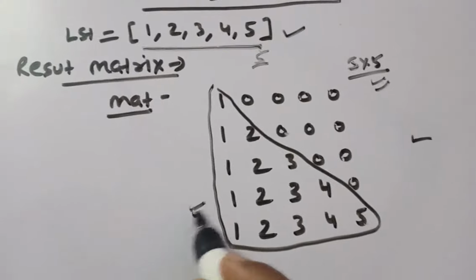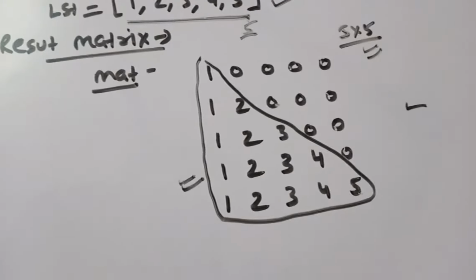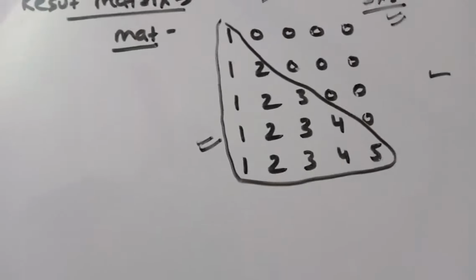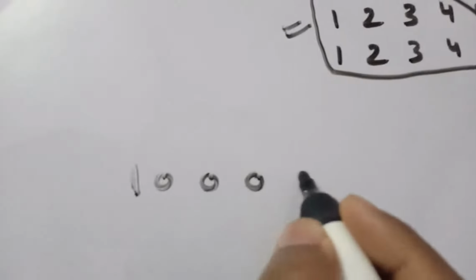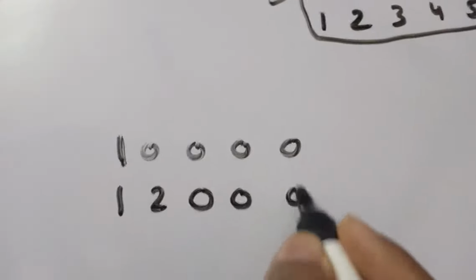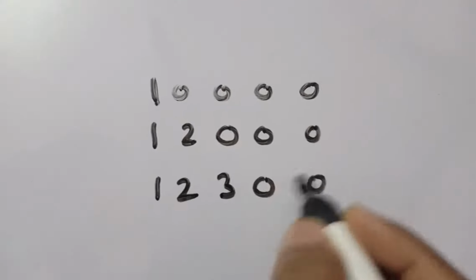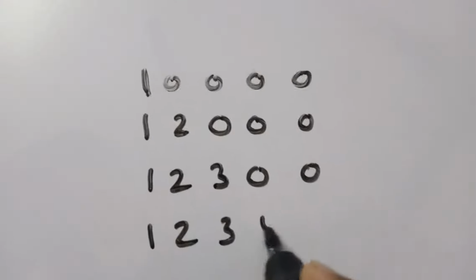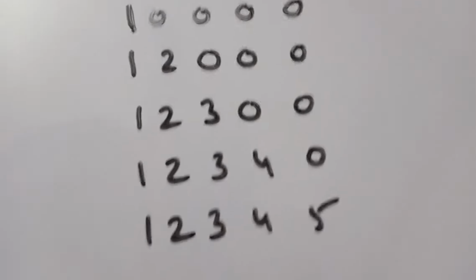The pattern of the matrix is given as shown here. So we'll write the pattern again: 1, 0, 0, 0, 0; 1, 2, 0, 0, 0; 1, 2, 3, 0, 0; 1, 2, 3, 4, 0; and 1, 2, 3, 4, 5.